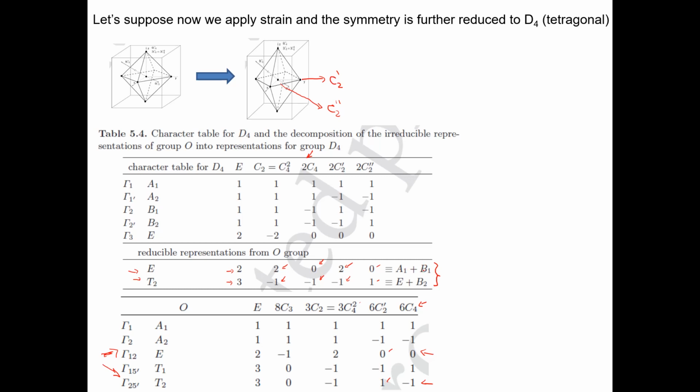And the result is this. So the E level, the doubly degenerate level, splits into A1 and B1, into two non-degenerate states. And the T2 level, triply degenerate, splits into E plus B2, into a doubly degenerate and a non-degenerate state.